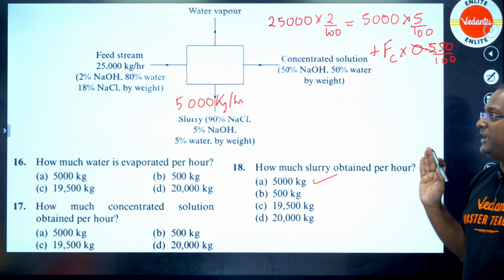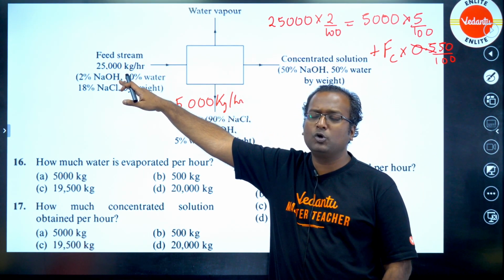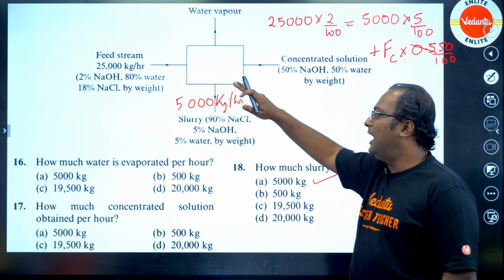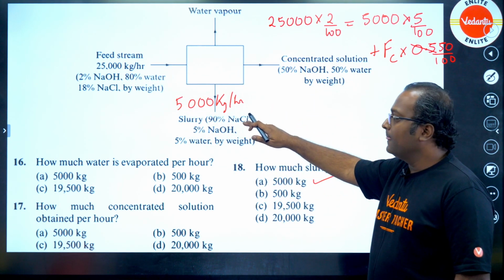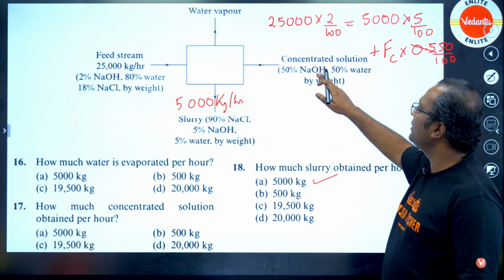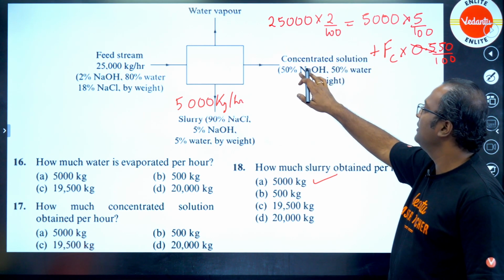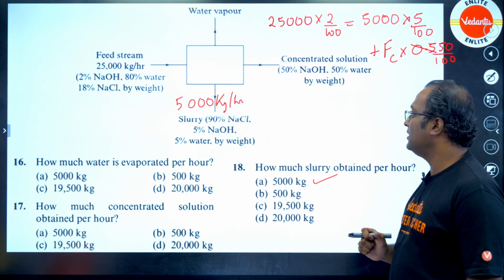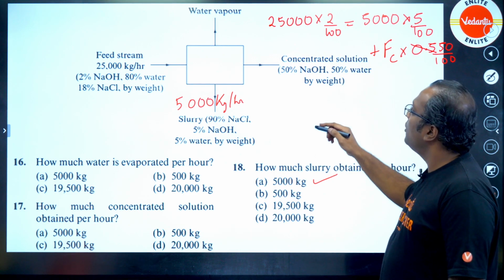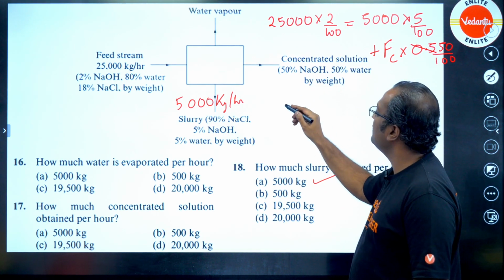So NaOH input was here 2% of 25,000. Output 1 was here 5% of 5,000, and the other output is here, the concentrated NaOH solution. Fc is the flow rate I have considered. Its 50% is your NaOH. Let's quickly solve these numbers. 100 easily seems to get cancelled out everywhere.